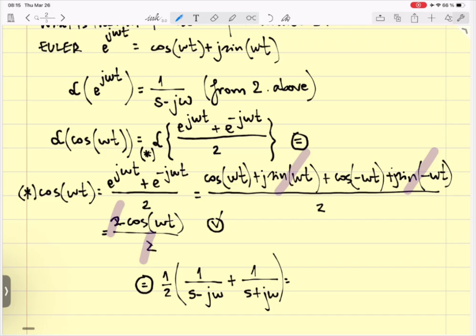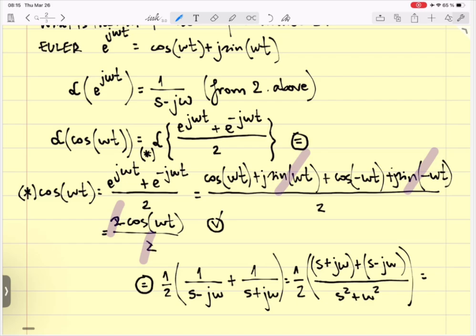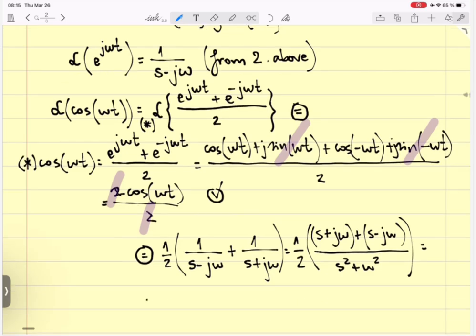This is going to deliver 1 divided by 2 times s plus j omega plus s minus j omega, divided by s squared plus omega squared. So the Laplace transform of the cosine function is s divided by s squared plus omega squared.